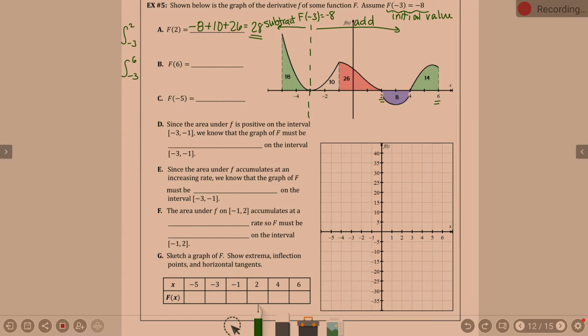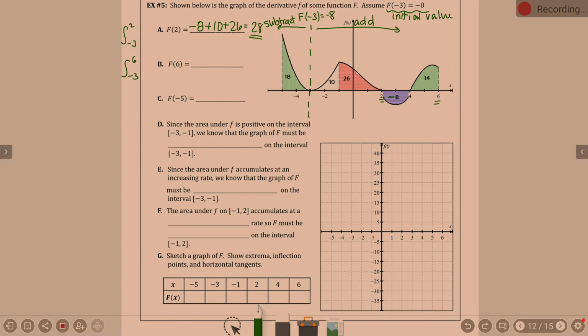Almost. 28 minus 8. Okay. So what do we know about this 8 since it's below the x-axis? It's a negative, yes? We talked about that yesterday. So that's a negative. Now, why did she say 28? Basically, she was looking at 2. We're already at 28, aren't we?